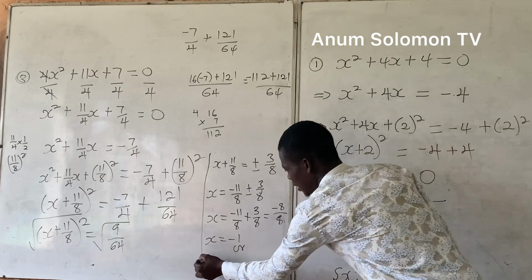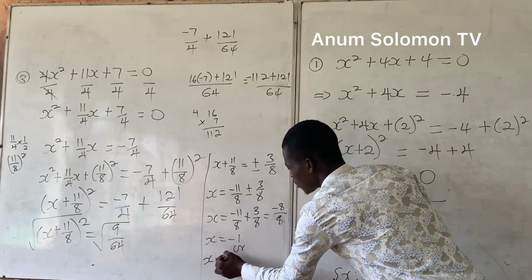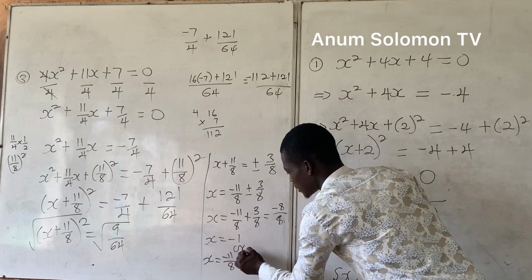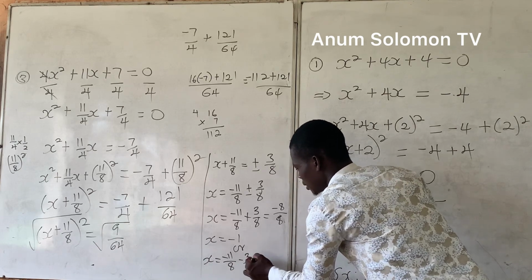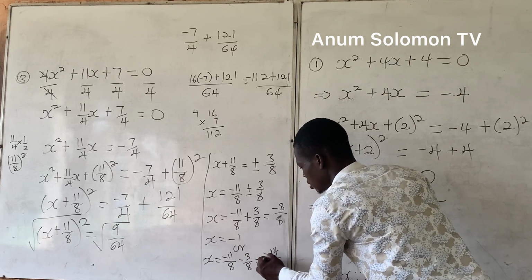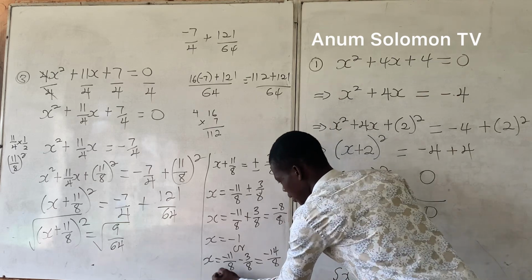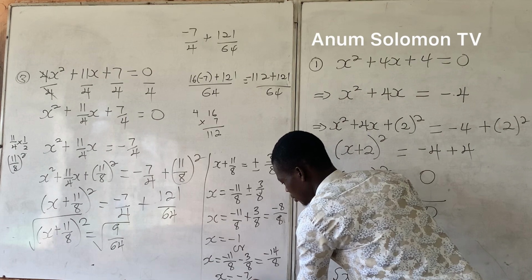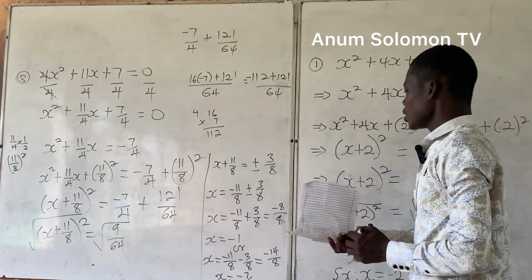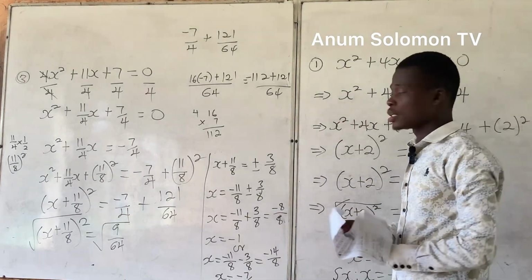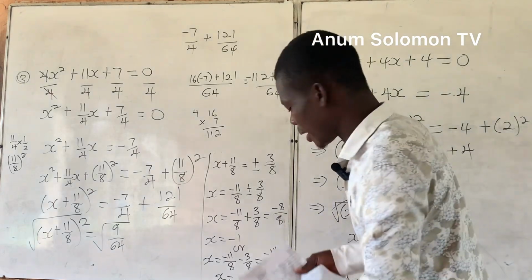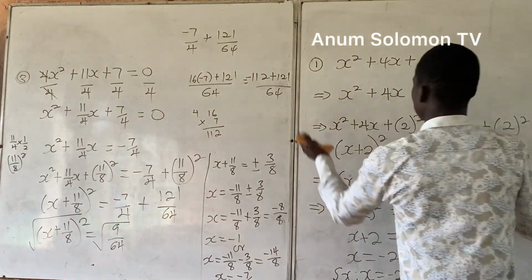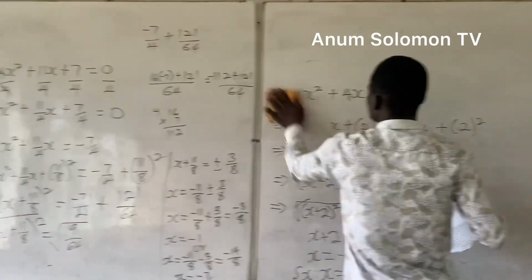Or s is equal to minus 11 over 8 minus 3 over 8, which go to minus 14 on 8, meaning s is equal to minus 7 over 4. So now this is how to solve this problem. Now let's solve the last problem and move on.